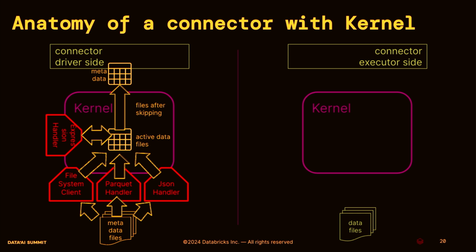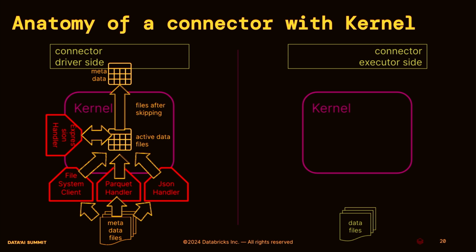That ultimately produces the metadata that the connector needs to use. This metadata is in a tabular format, in the form of columnar batches or whatever in-memory representation your custom Parquet handler or custom engine implementation uses, that the connector understands.